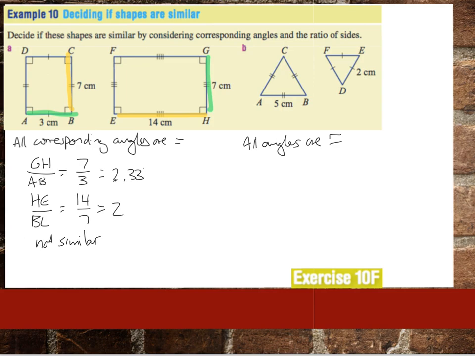And then the sides, always the bigger one first, so AB over DE is the same as AC over FD, is the same as BC over EF, is all the same as 5 over 2, and therefore these are similar triangles.